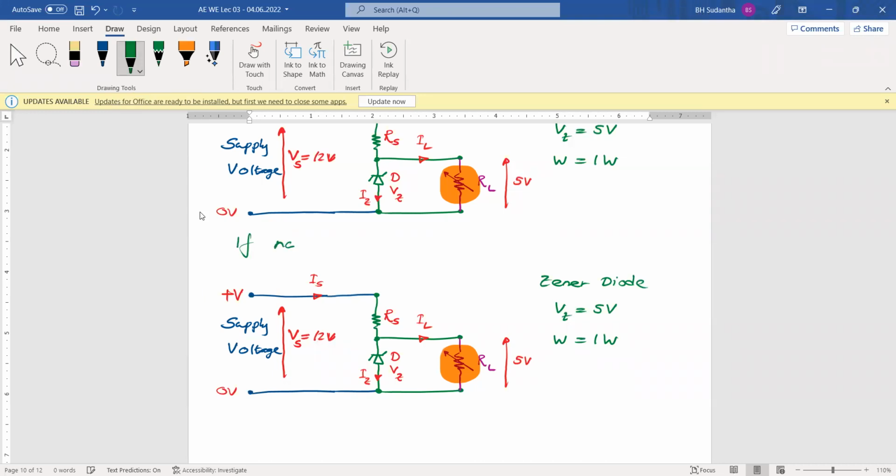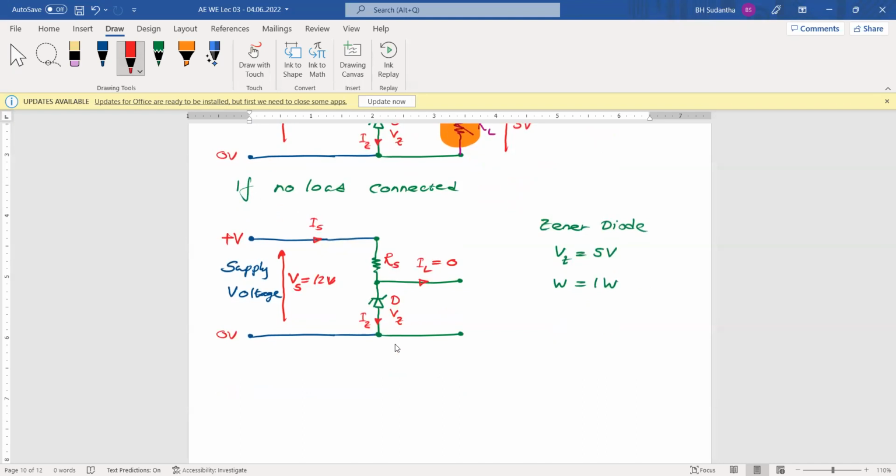If no load is connected, no load connected means we don't have this. Then during that time, what is IL? IL is 0. Then during that time, Vidula, this total IS current is going through the Zener diode.